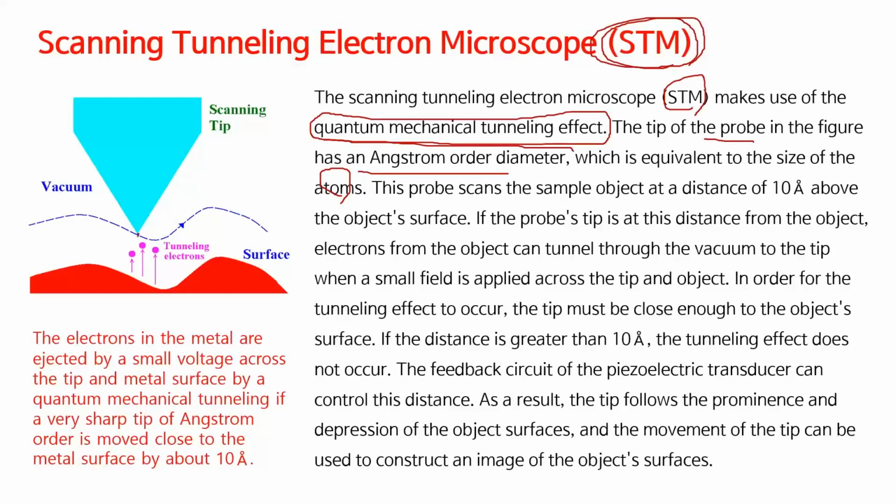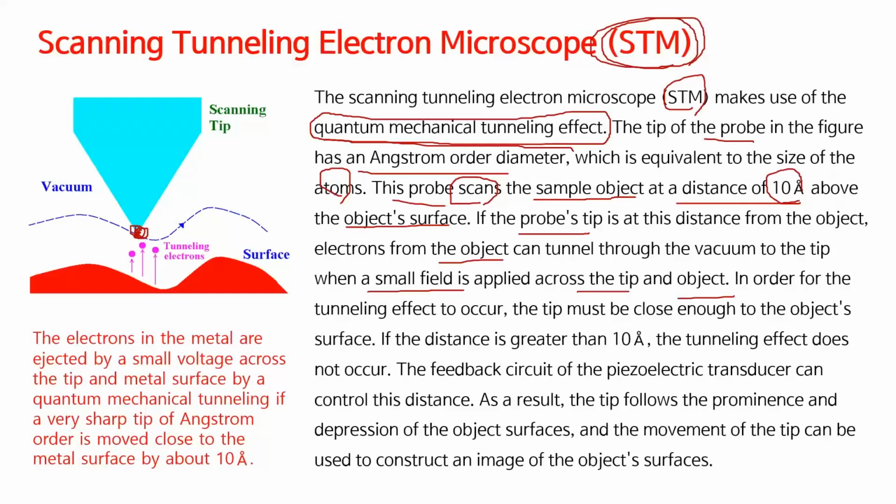So diameter of this tip is very small, just 1 angstrom in diameter. This probe scans the sample object at a distance of 10 angstrom above the object surface. If the probe's tip is at this distance from the object, electrons from the object can tunnel through the vacuum to the tip when a small field is applied across tip and the object.